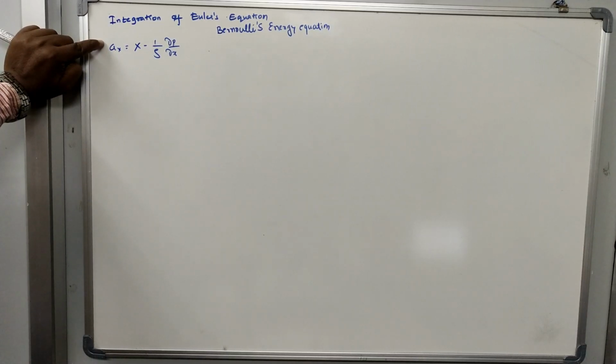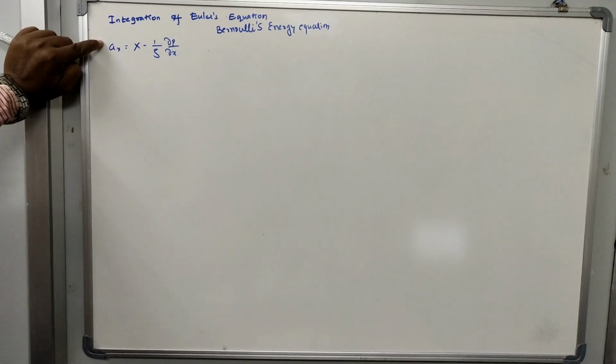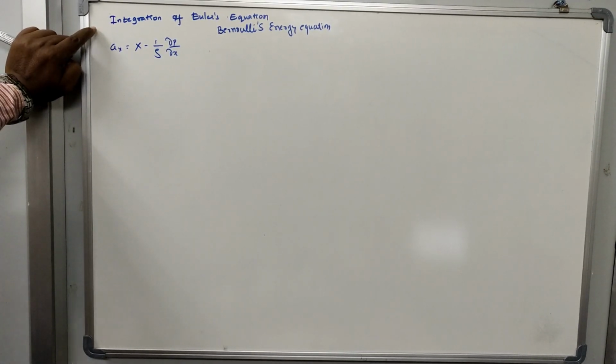Similarly, the Bernoulli's energy equation can be derived using the law of conservation of energy, or it can also be derived just by integrating the motion equation, that is the Euler's motion equation.